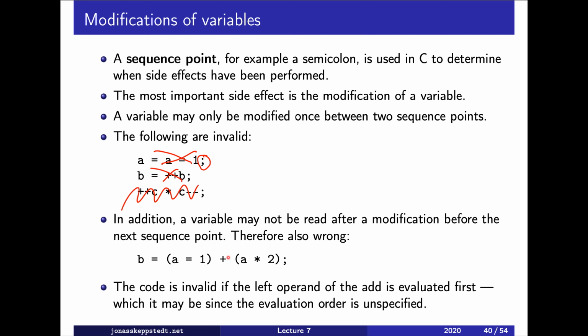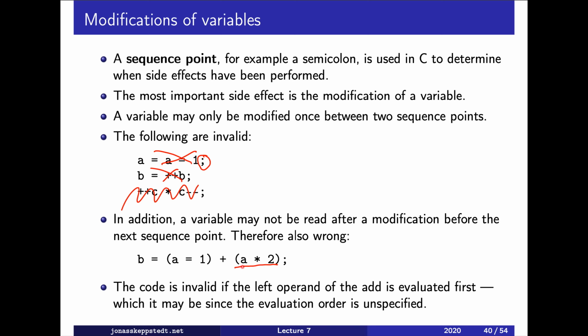So if we start, here we have an add, obviously, and which operand is evaluated first, the left or the right? That is decided by the compiler when it generates code. It does not have to be documented, and this, as you remember, is called unspecified behavior. So let's say it evaluates this first.